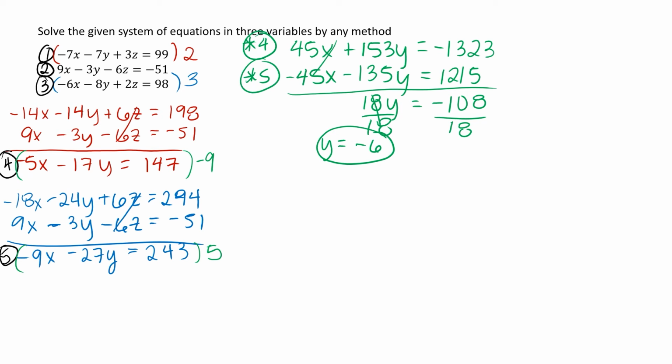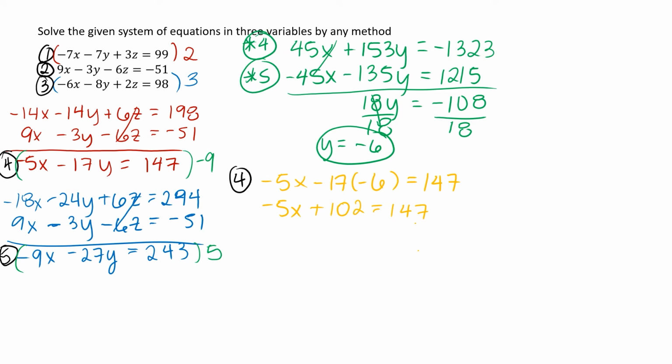Now I'm going to take that one variable and plug it into either 4 or 5. I'm just going to plug it into 4. So negative 5x minus 17 times negative 6 equals 147. When I multiply them out, I get negative 5x, and negative 17 times negative 6 is 102, so plus 102 equals 147.